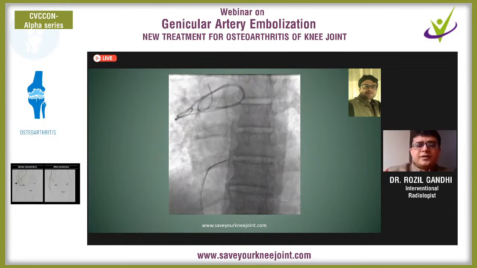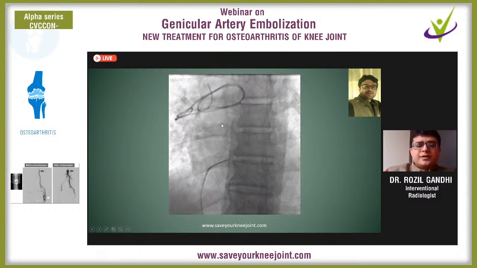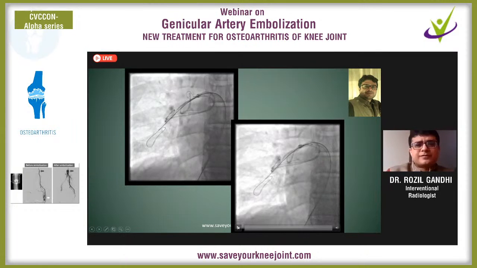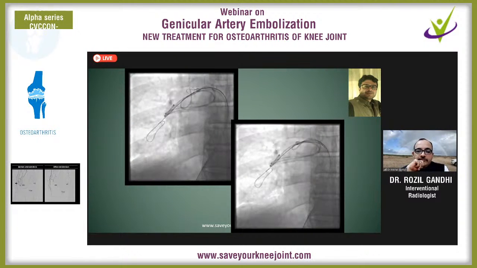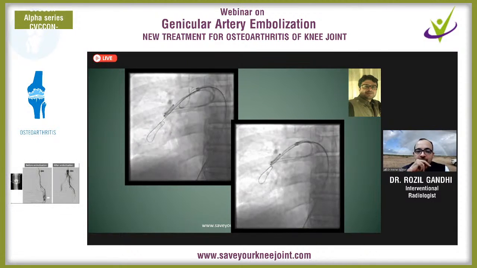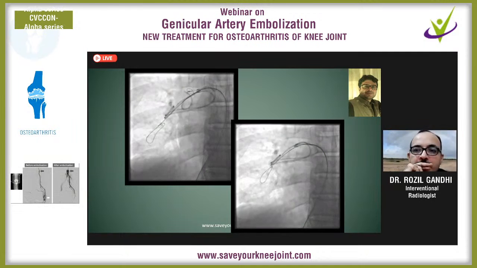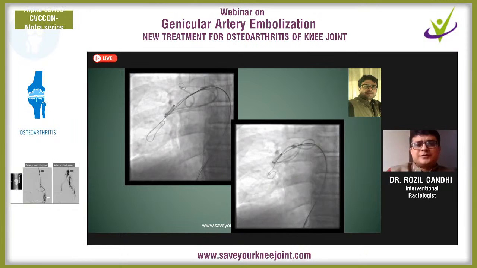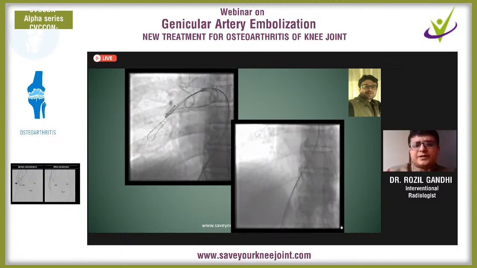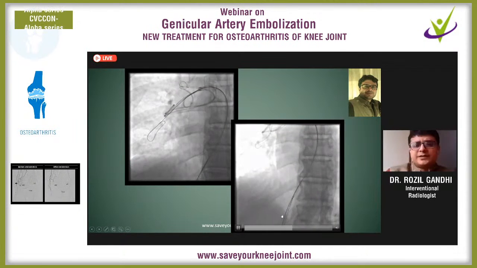At the end, this is another example of how interventional radiology helps. This is a DJ stent in the pulmonary artery, which we are snaring. So this is one non-target embolization of the right pulmonary artery by the DJ stent, which we snared and removed, as you can see in the right-sided video.